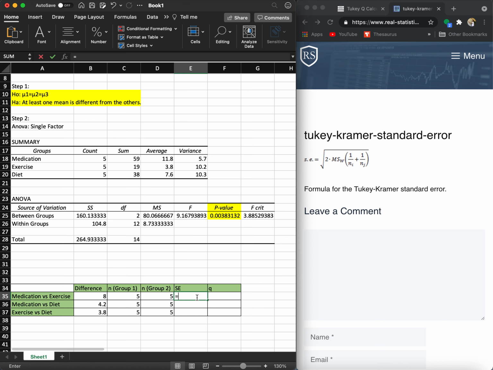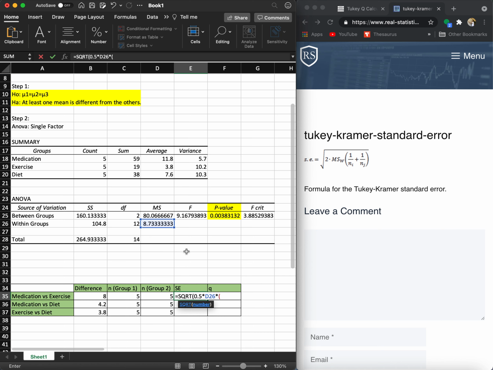So this is going to be equals the square root function, because it has a square root with it. We have 1/2. Again, this is 1/2, not 2. 1/2 is 0.5, right? Times, we use an asterisk, the mean square within. The mean square within is found over here. Click on that, and then we multiply again.